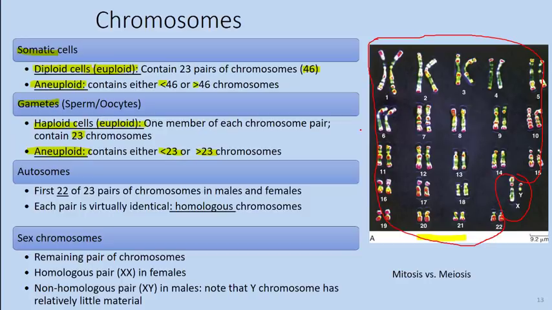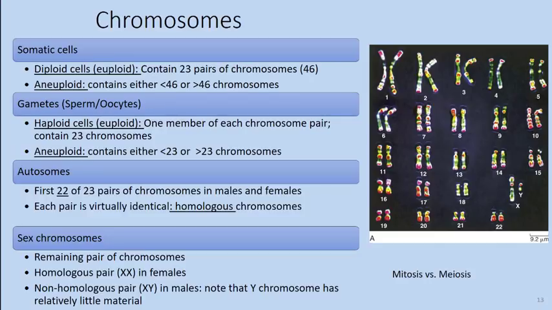The first 22 that I circled are considered homologous autosomes. Each pair is identical in terms of the information that they carry. The sex chromosomes are only homologous if it's XX, carrying the same information. It's not considered homologous if it's XY, because the X and Y chromosomes contain different information.